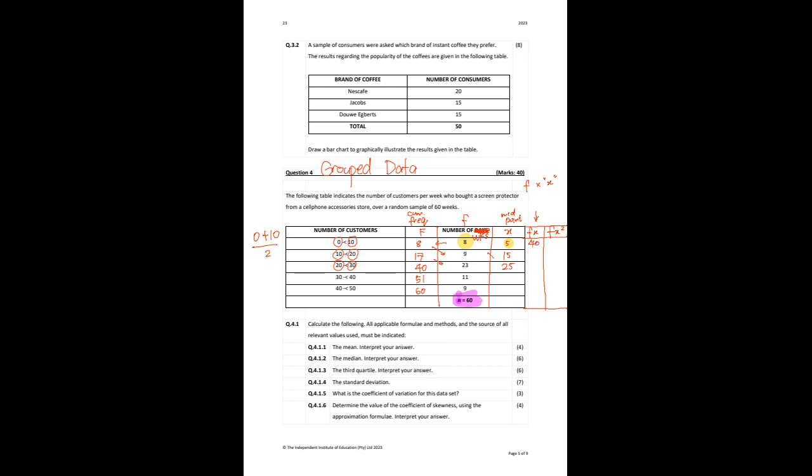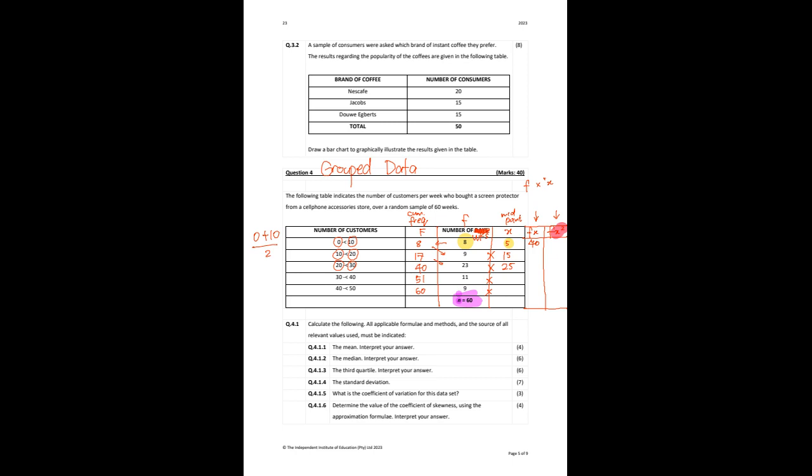And then your last column, which is fx squared, is squaring the x value. As you can see, the square is attached to the x. So x is being squared, and then it's the frequency multiplied by that x squared. So it's almost the same as this formula that I wrote out here, with the only difference being that the x value is squared.